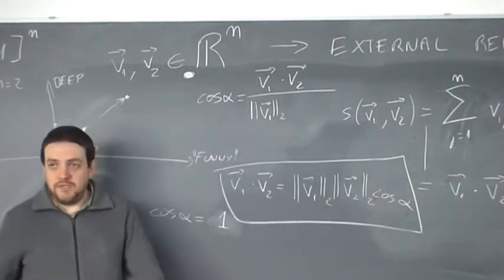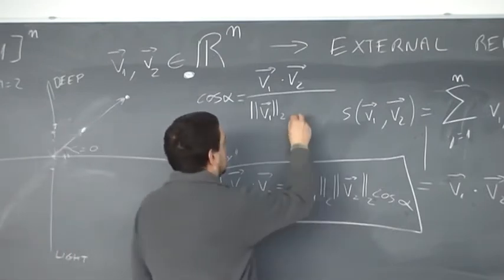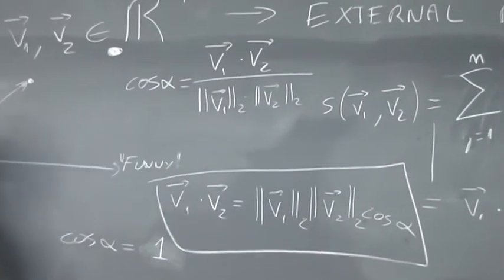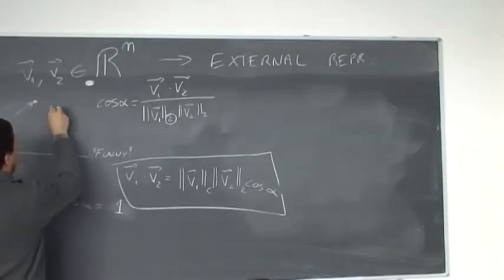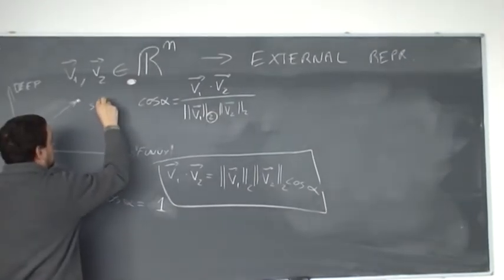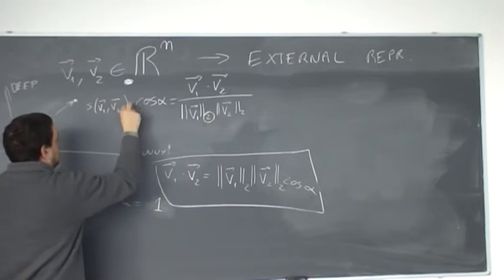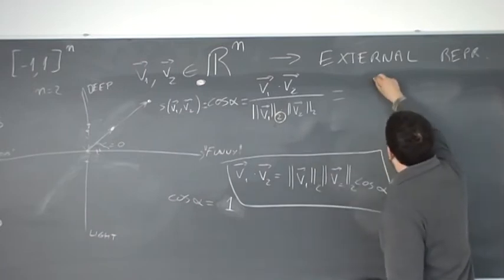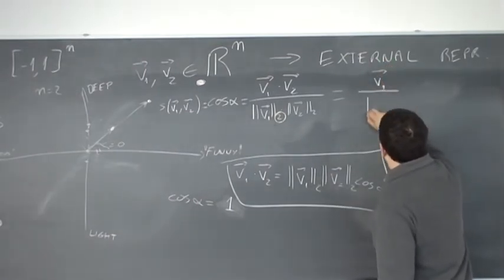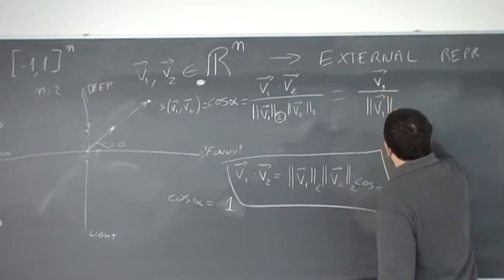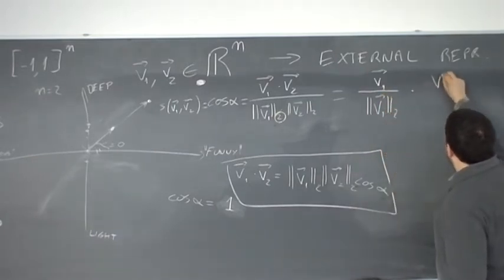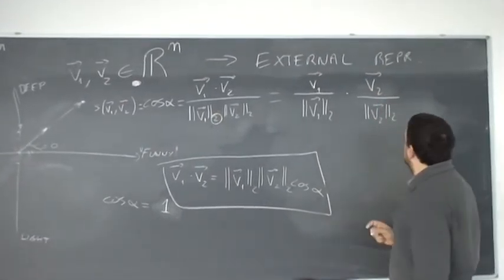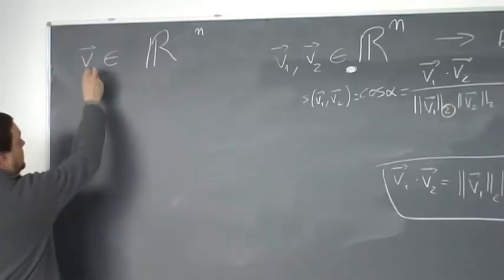We are always looking at Euclidean lengths. This is a measure of similarity between two vectors v1 and v2. We can split this in this way. We can take v1 divided by its own two norm, dot product vector v2 divided by its two norm.